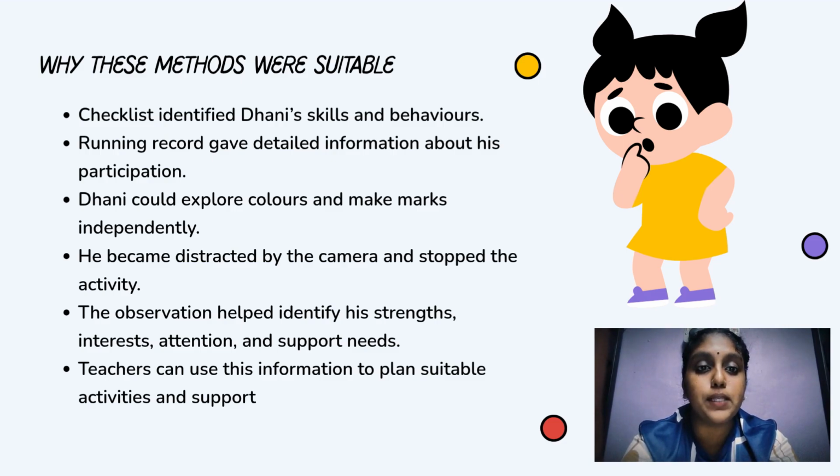The checklist helps us identify his specific skills and behavior, such as holding crayons, scribbling, and exploring colors. The running record gives us a more detailed picture of what happened during the activity, especially how Danny became distracted by the camera and stopped participating. Together, these methods help us understand Danny's strengths, interests, attention, and areas where he may need more support.